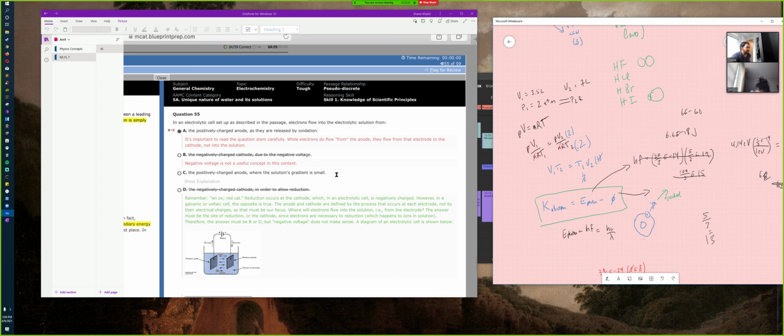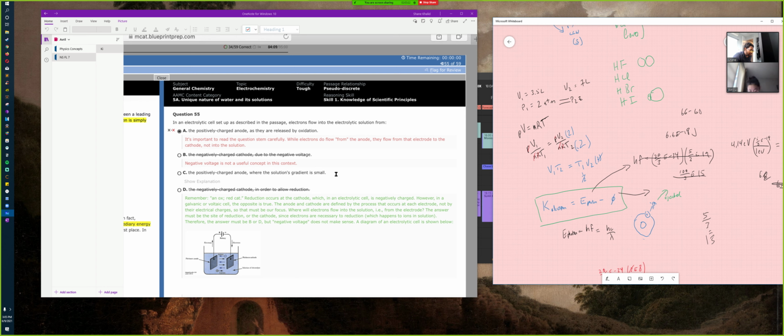So people say just to know that in a voltaic slash galvanic, basically a battery, the cathode is positively charged and the anode is negatively charged. And they say in an electrolytic cell the opposite is true.